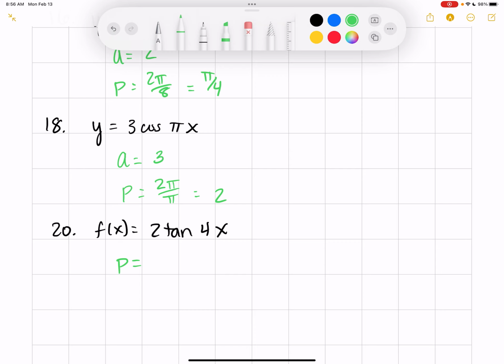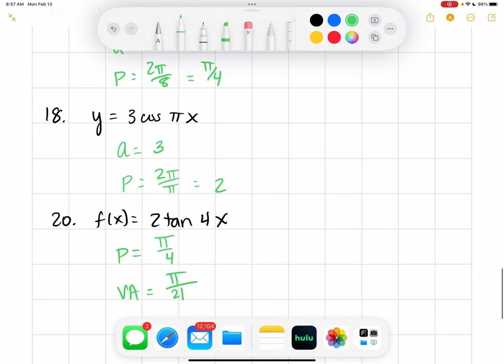Pi over 4. Okay, so pi over the absolute value of b, so yes, pi over 4. And then vertical asymptotes. Pi over 8. Okay, so pi over 2 times 4, which is pi over 8.